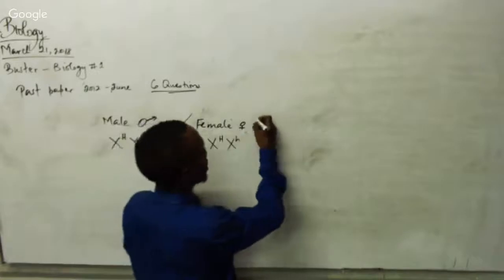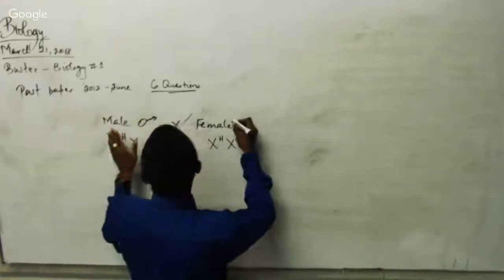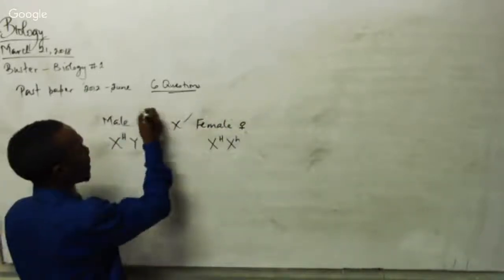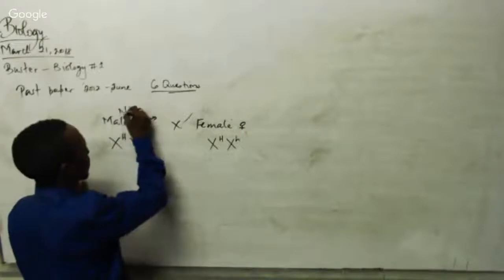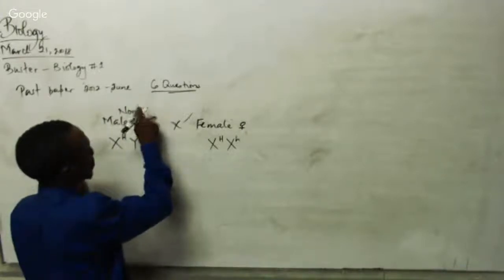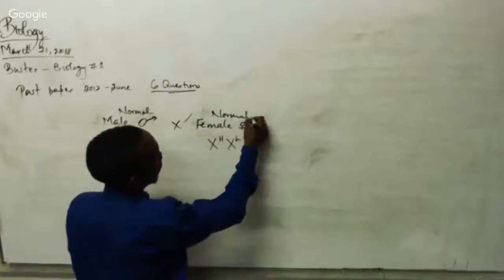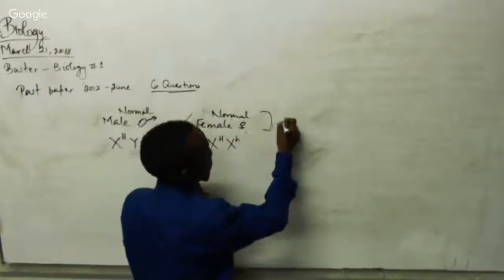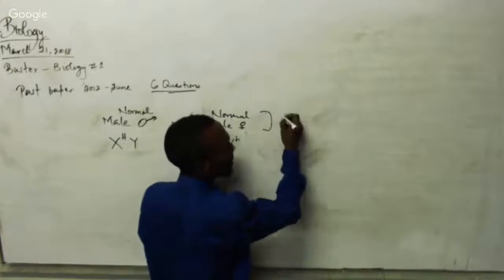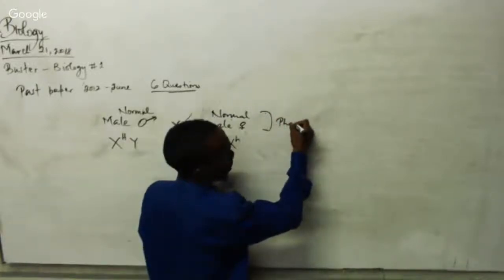So we say normal, right? Normal blood. Normal and normal. So this gives you the phenotype.